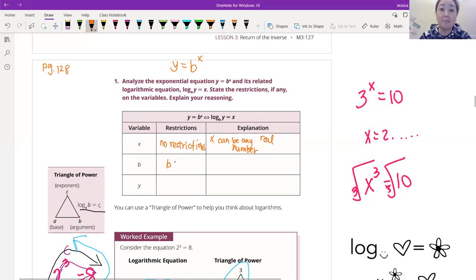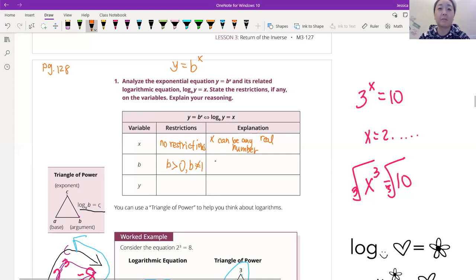So b can be greater than 0. B can't be 0 because with 0, it's just 0, and that's not fun. But b is going to be greater than 0, except we had to put an exception here: b cannot equal 1. That's the only exception.